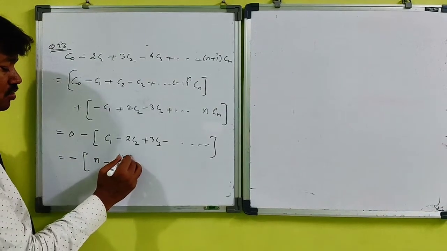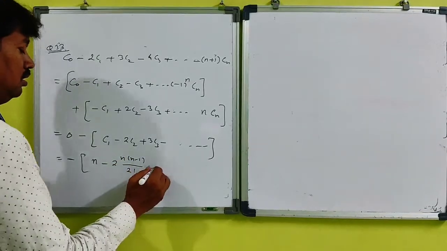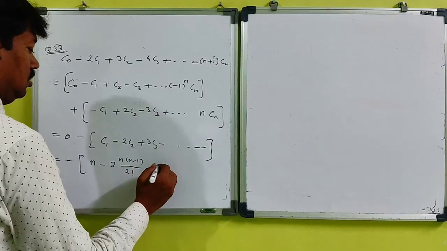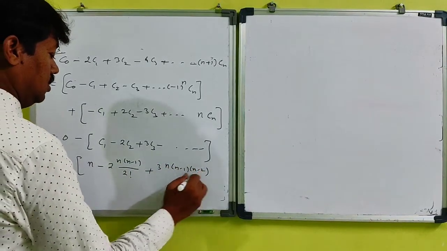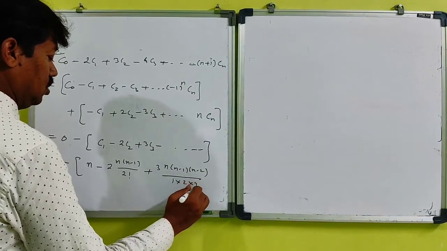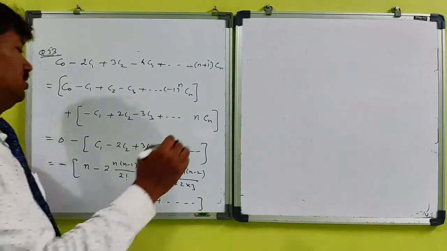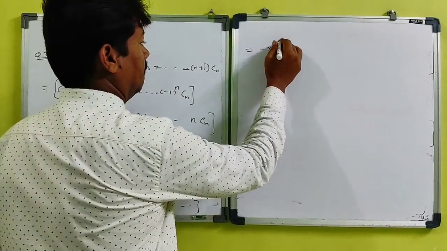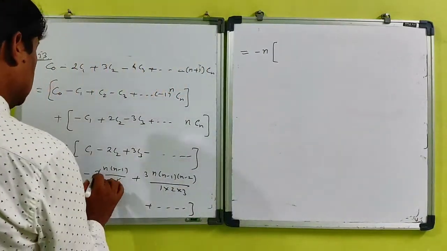This is 2 into n into n minus 1 upon 2 factorial. This is 3 into n into n minus 1, n minus 2 upon 1, 2, 3, like this. So now n is taken common. That is minus n in the bracket, and this 2 and this 2 cancel.